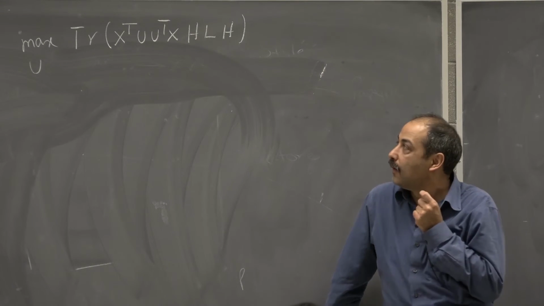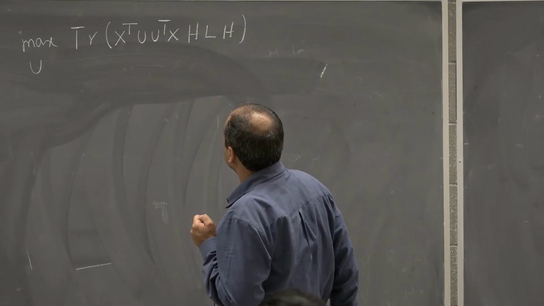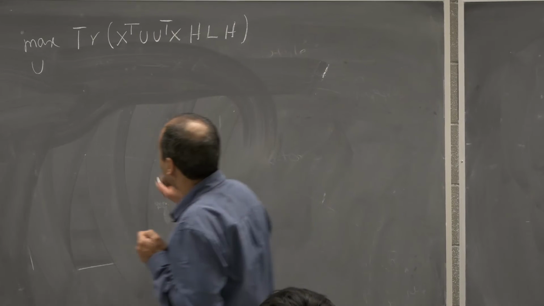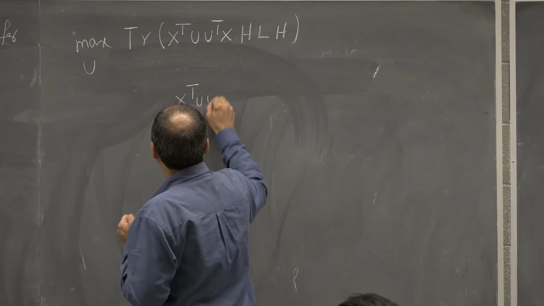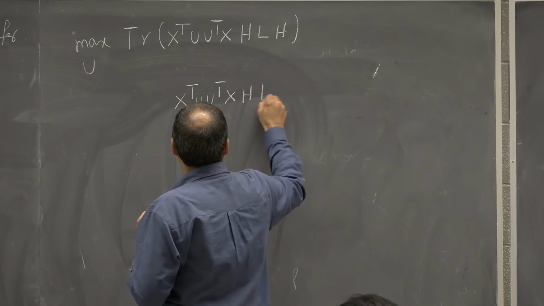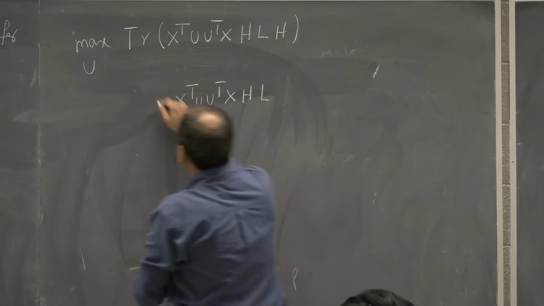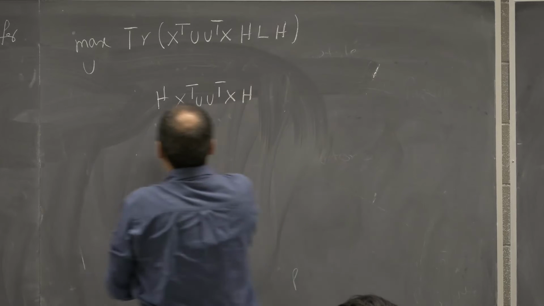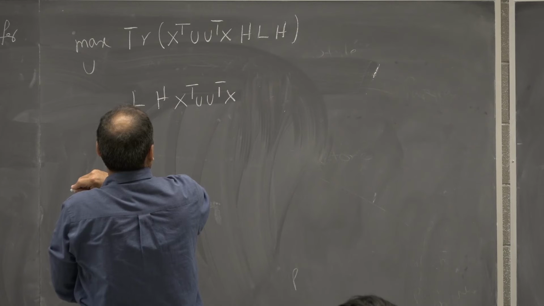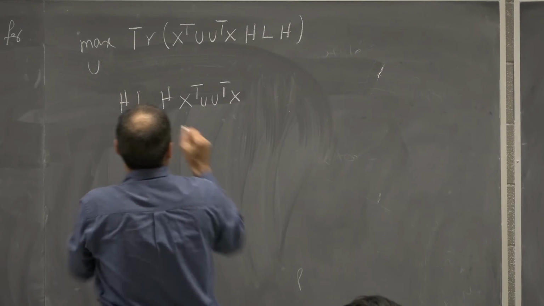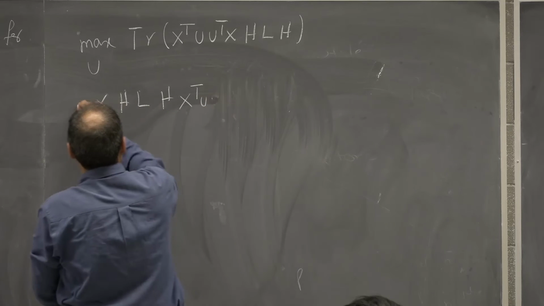Okay. It's a trace, so I can rotate everything. I can put this H here, or I can put this L here, or I can put this X here, or this U transpose here.